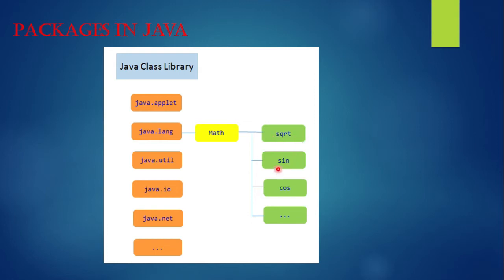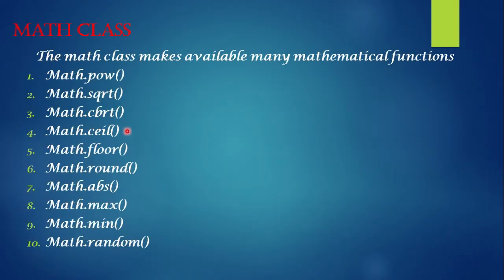So sqrt, sin, cos, etc. are methods available under the math class, and the math class is available under the package java.lang. We are going to study 10 functions: Math.pow, Math.sqrt, Math.cbrt, Math.ceil, Math.floor, Math.round, Math.abs, Math.max, Math.min, Math.random.